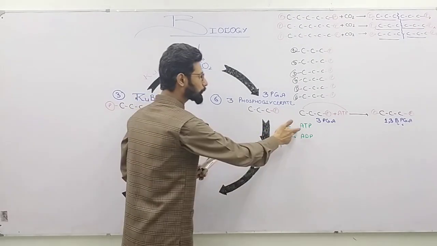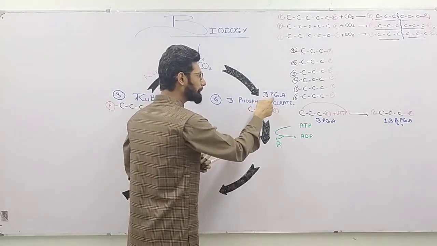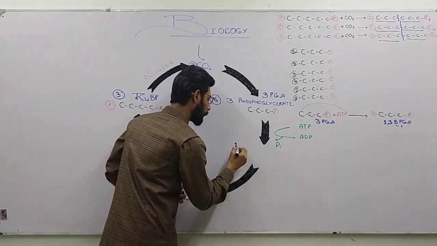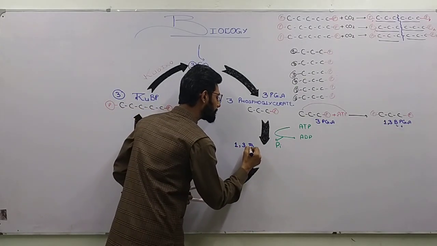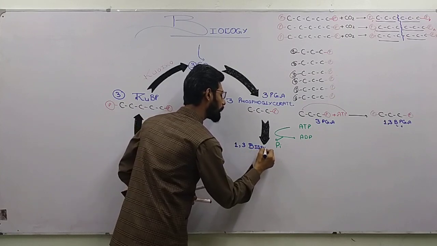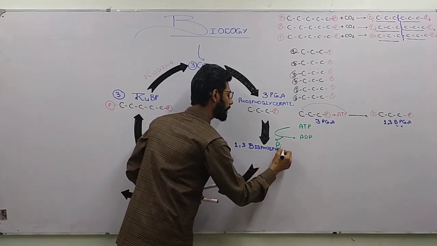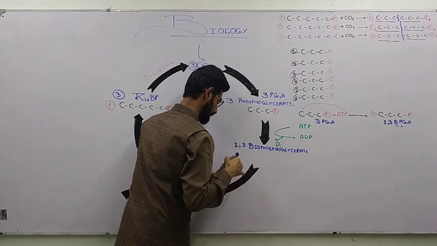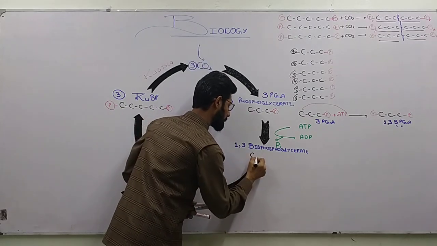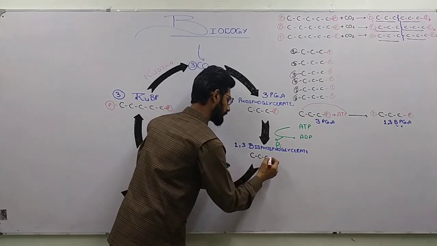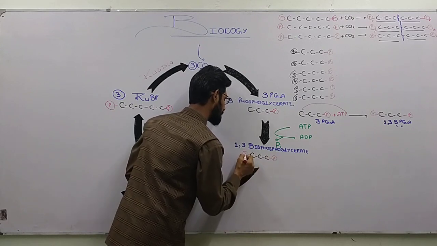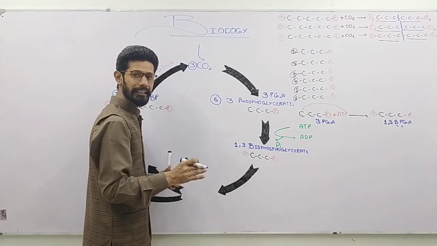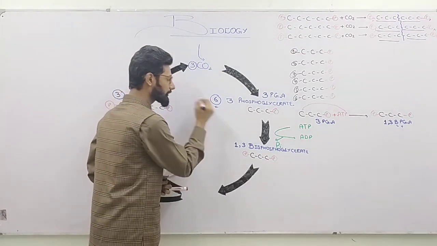So after the phosphorylation, 3-PGA is converted into 1,3-bisphosphoglycerate, shown as this. Remember, how many molecules were participating in this reaction? 6.